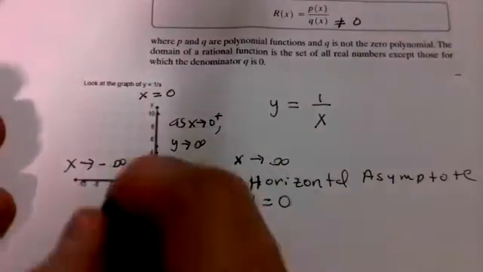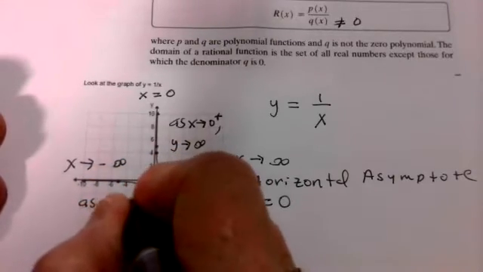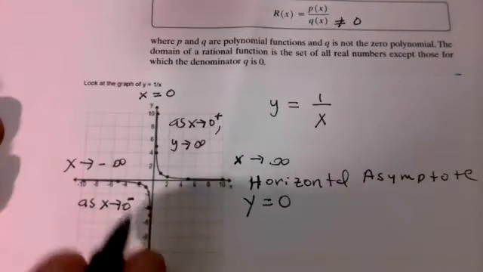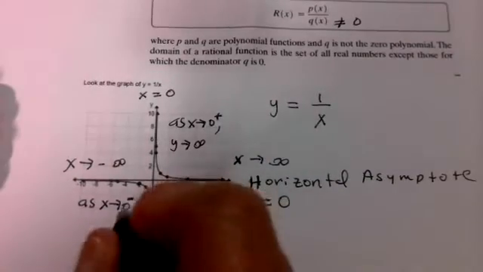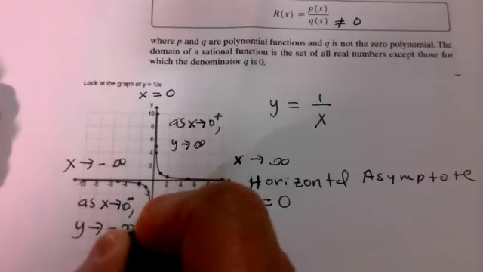And over here, as x approaches 0 from the left, meaning numbers less than 0, the y is going to negative infinity.